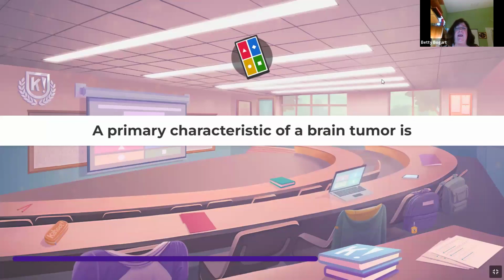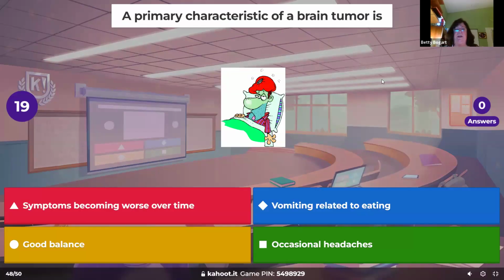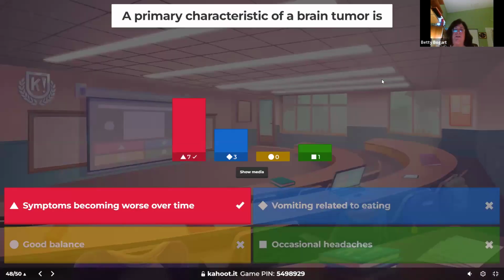A primary characteristic of a brain tumor is what? So symptoms are becoming worse over time.